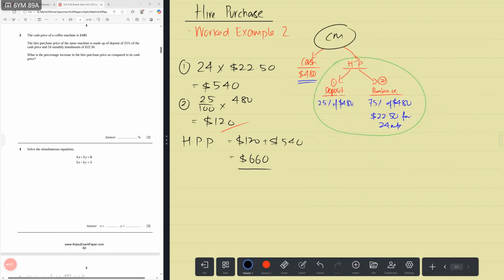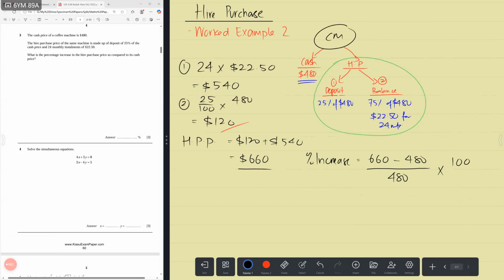The increase in price between the hire purchase price and the cash price is equal to 660 minus 480. To get the percentage increase, we need to find the difference, then we divide by the original amount, the actual amount, which is 480.